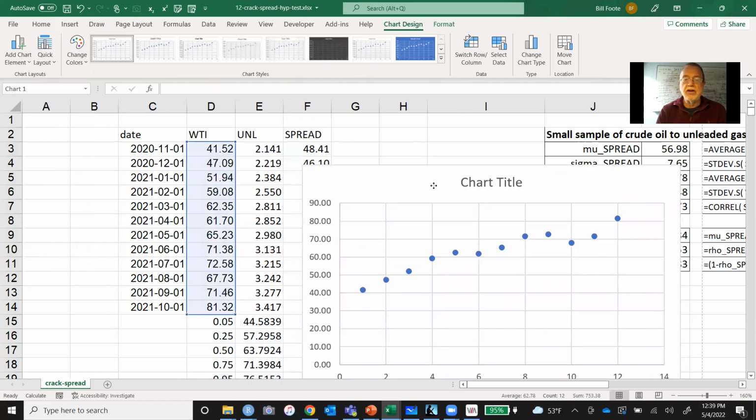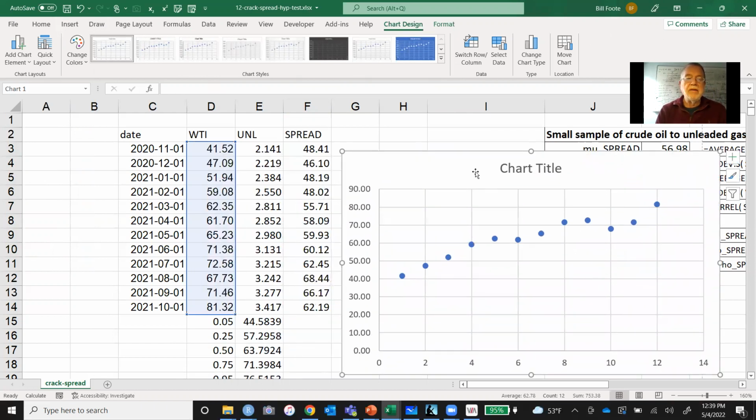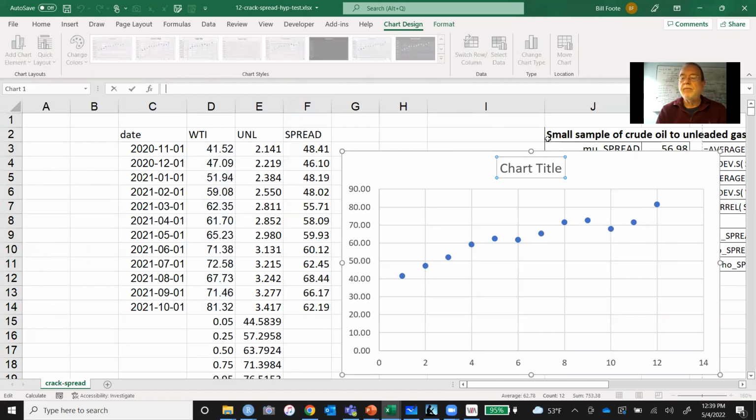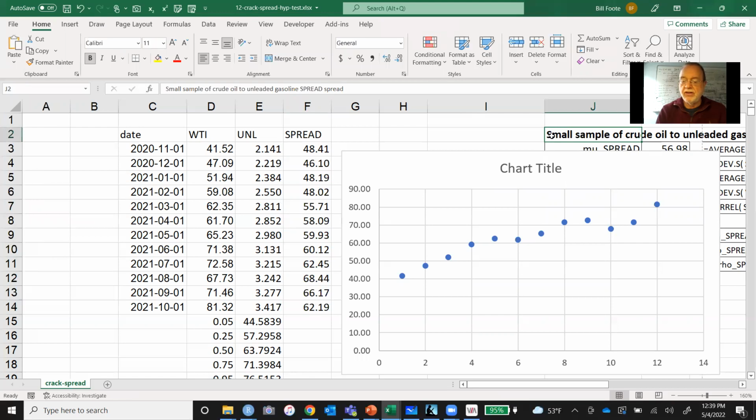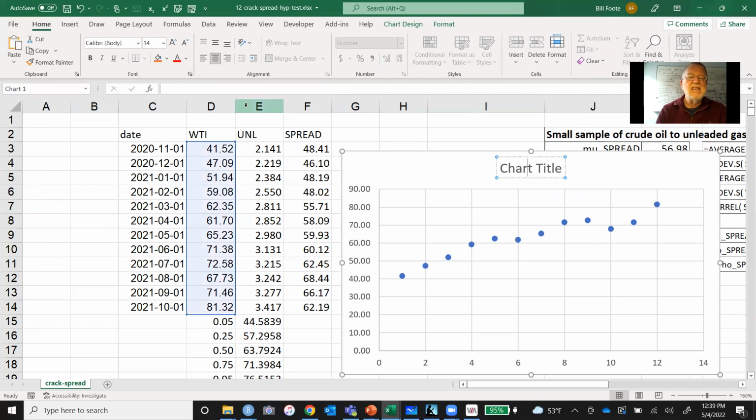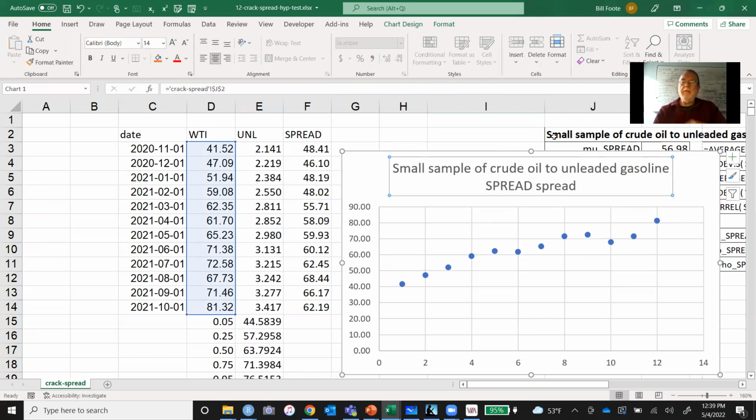That's kind of interesting in and of itself. And just put a chart title, that little phrase there. See if I can snag it. There we go. Let's just give it some help here.